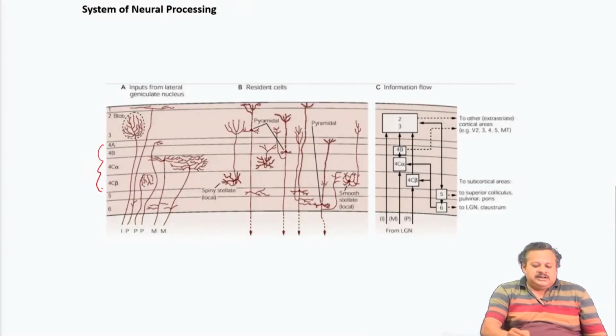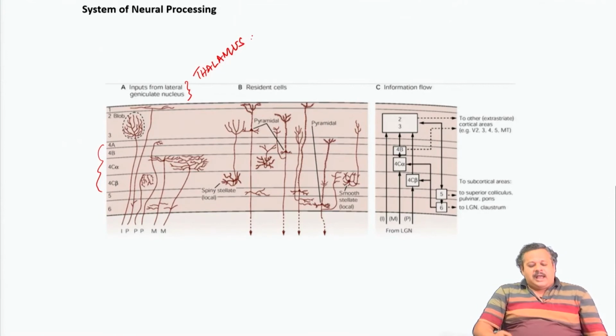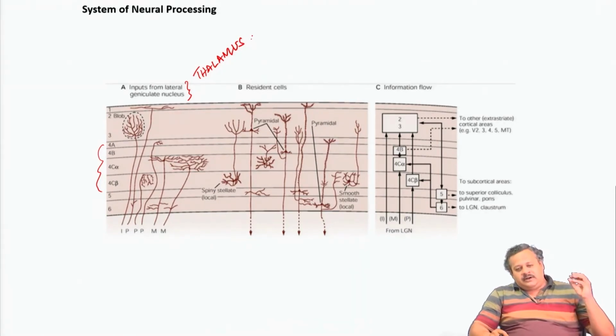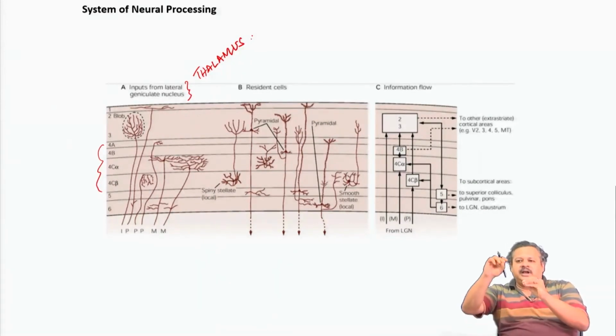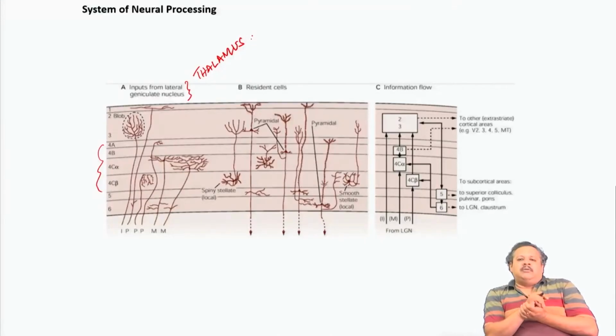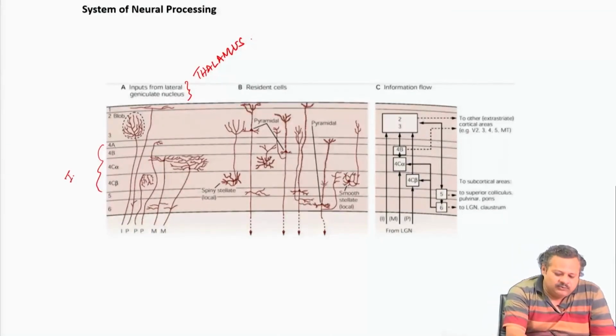So, the lateral geniculate nucleus is the thalamus of the visual system, and the retinal ganglion cells that bring the information to the thalamus or the LGN are then conveyed into the primary visual cortex in its layer 4, and this is the input layer in the cortex.